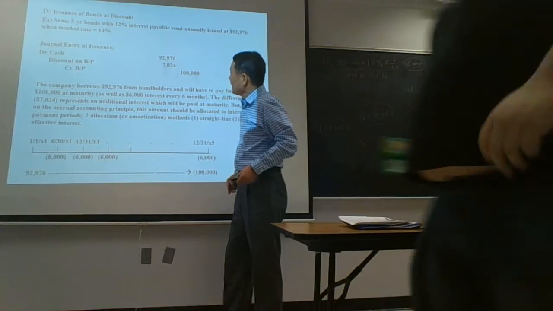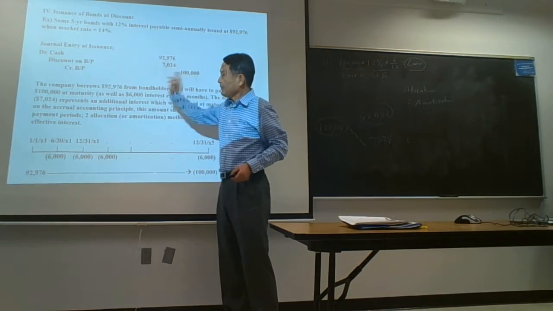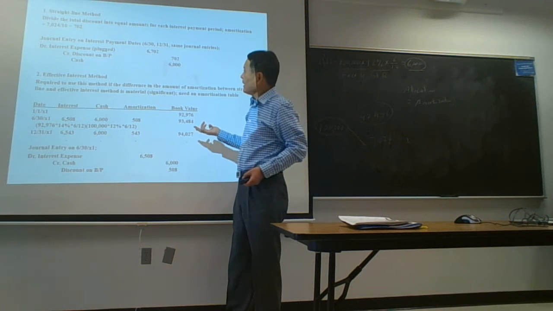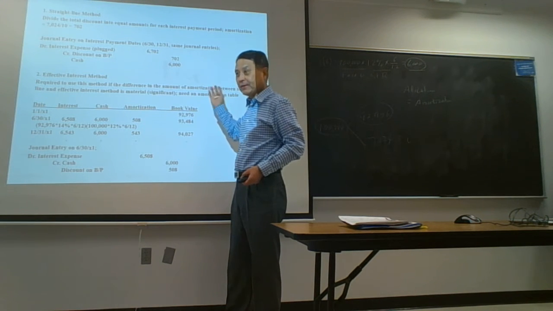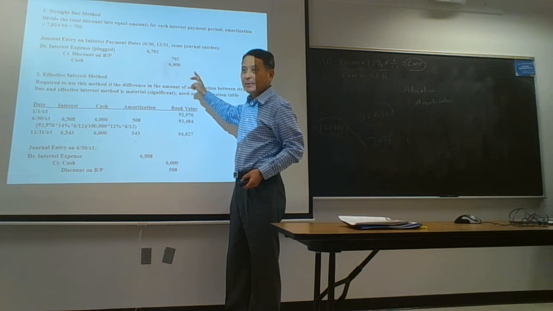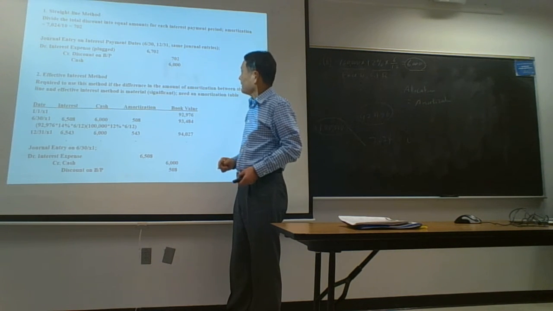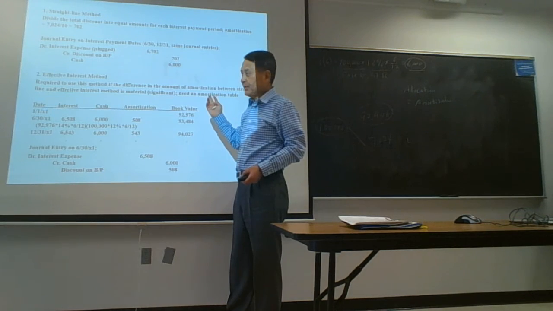Contra liability. Initially on the left-hand side, debit, and amortization should be on the other side, on the credit side. Appears on debit initially, and then credit for amortization.